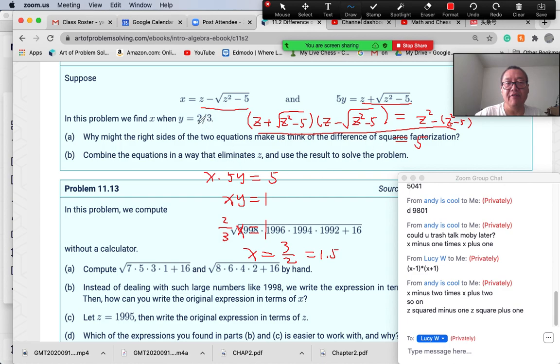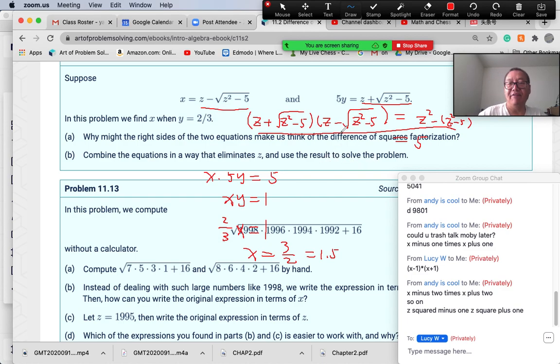They already give us y equals 2/3, then we can get x equals 3/2. Then they say B, combine the equation in a way that eliminates z, and use the result to solve the equation.